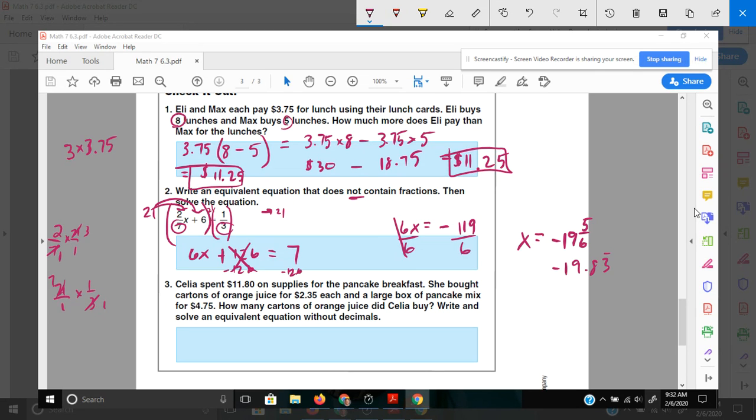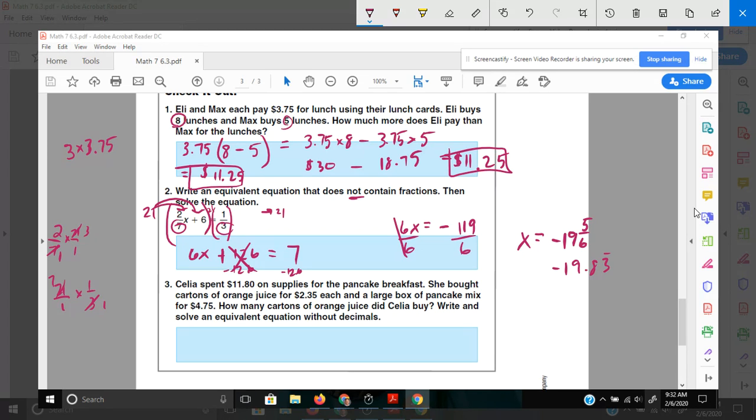Okay. And lastly, the writing an equation one. Celia spent $11.80 on supplies for the pancake breakfast. She bought cartons of orange juice for $2.35 each, and a large box of pancake mix for $4.75. How many cartons of orange juice did she buy? Write and solve an equivalent equation without decimals.